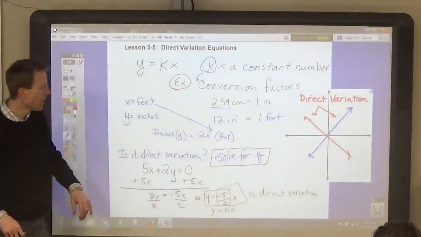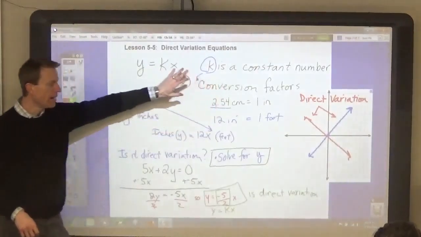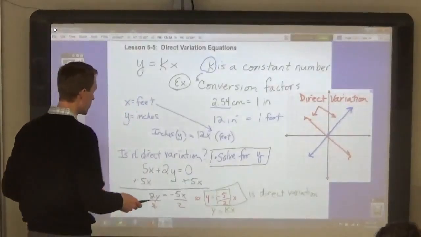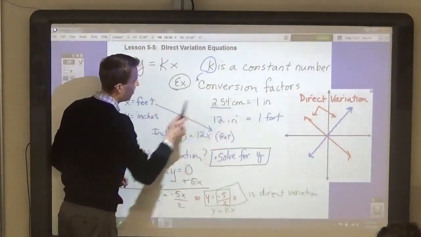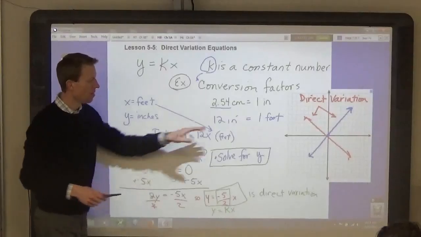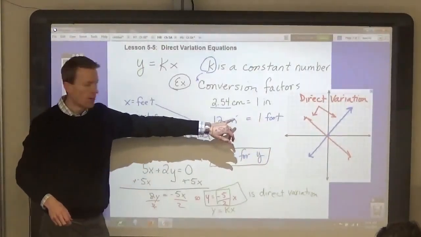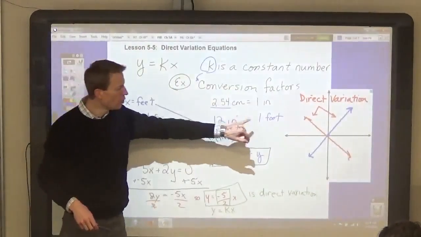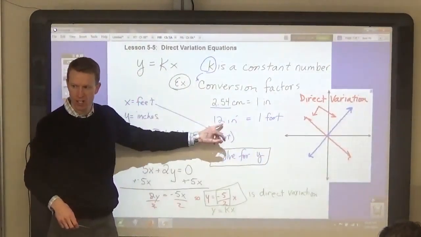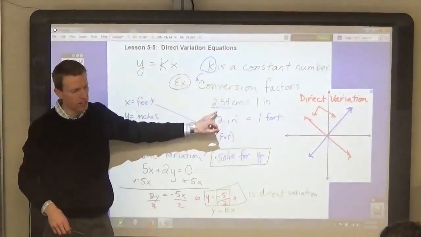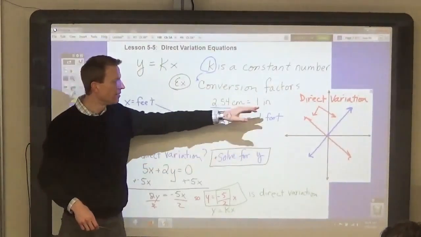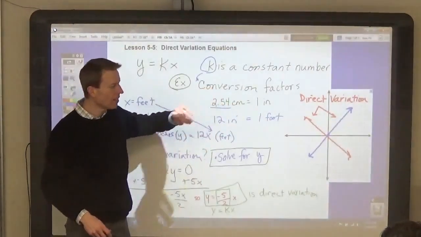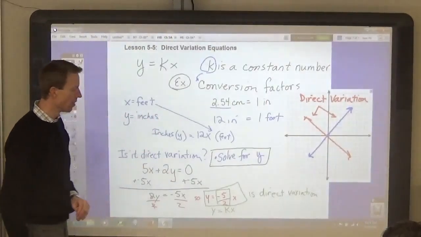For example, feet and inches, or any conversion factor in measurement. 1 foot is exactly 12 inches, so 2 feet is 24 inches, 3 feet is 36 inches, 4 feet is 48 inches, and 0 feet is 0 inches. That's an example of direct variation.